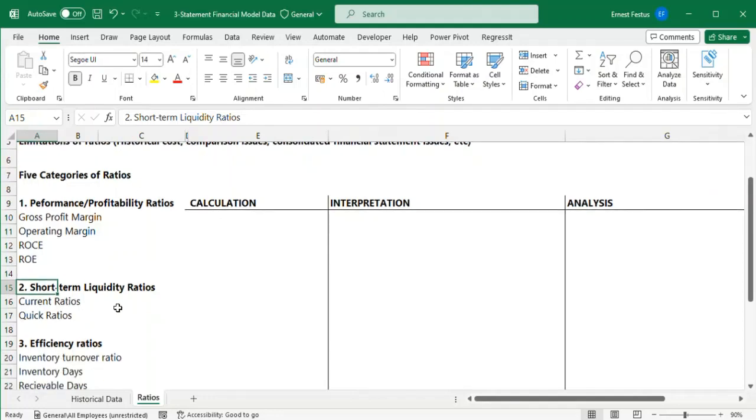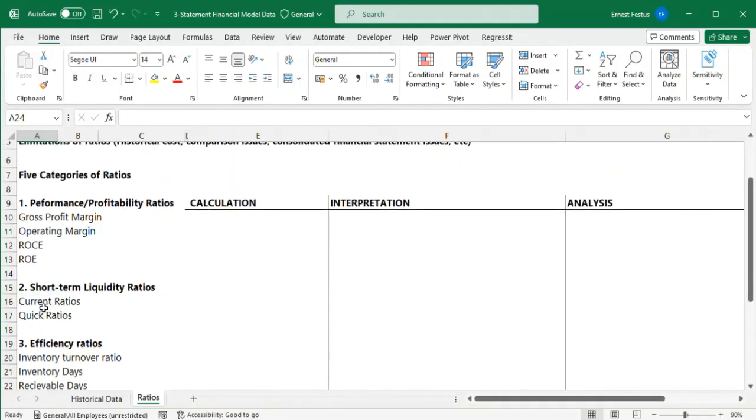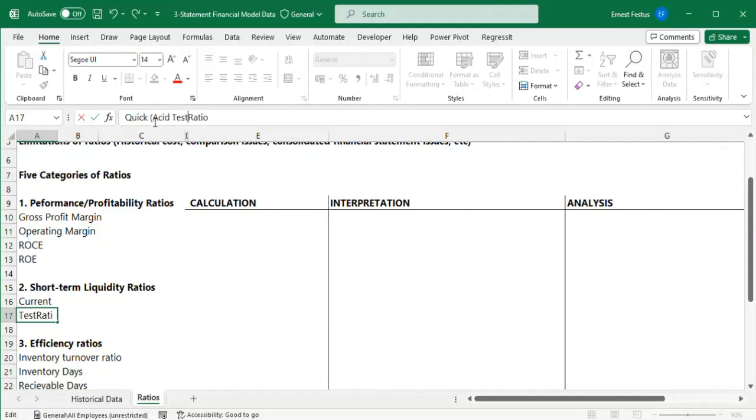Then with the short-term liquidity ratios, we have 2 main categories. We have the current ratio as well as the quick or what we call the acid test ratio. So let me just insert it there.